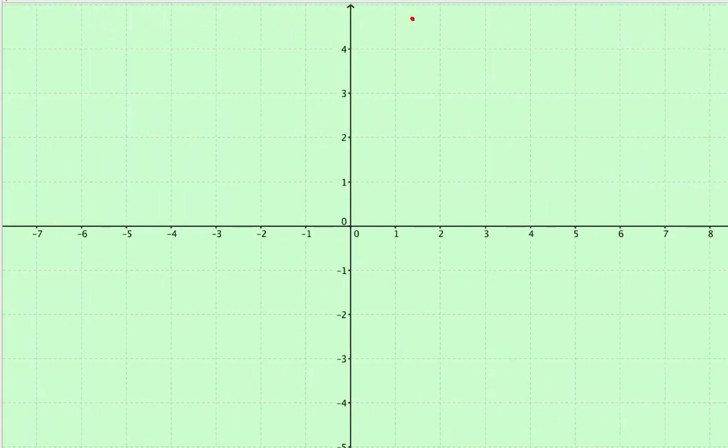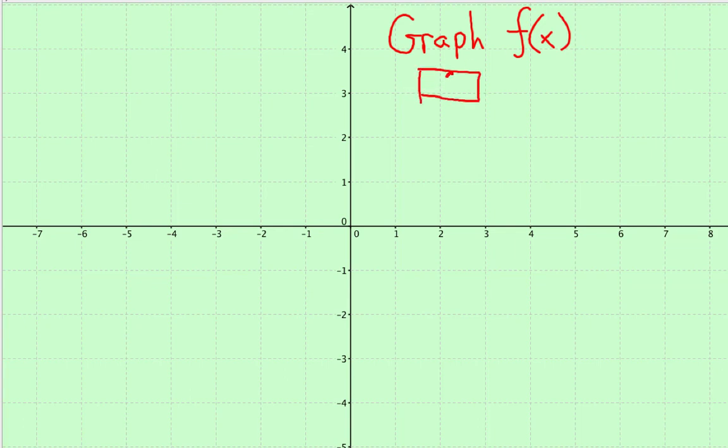Now let's see what it means to make the graph of a function f of x. So as you remember, a function is something that takes in a number x and produces a number f of x.